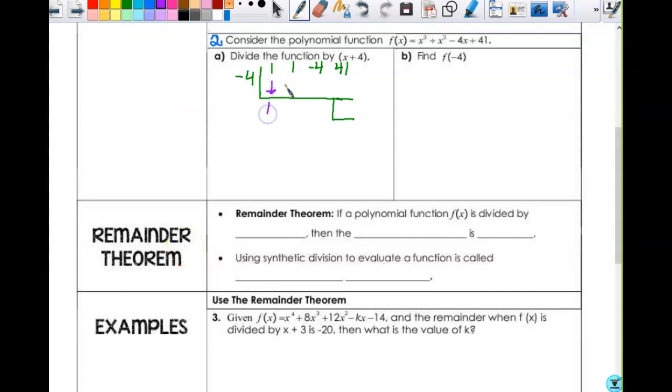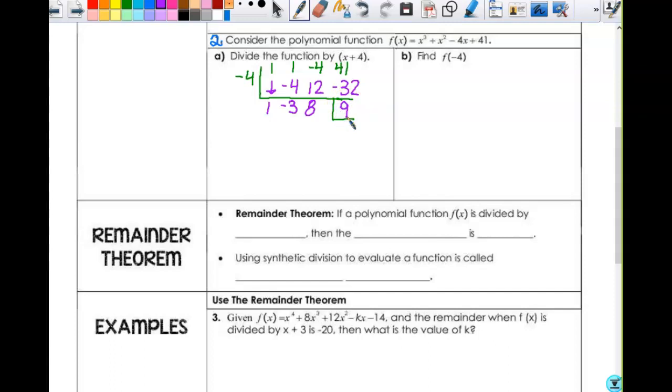So this is 1, negative 4, negative 3, 12, 8, negative 32. Okay, and then when I combine those two, what do I get? 9, right?